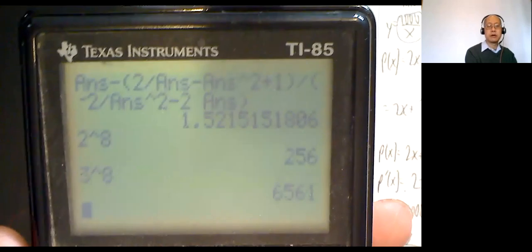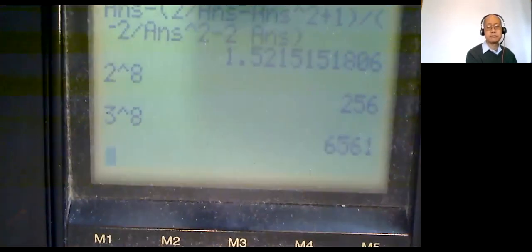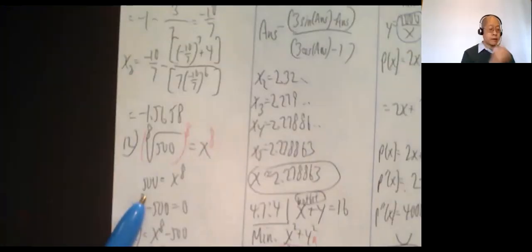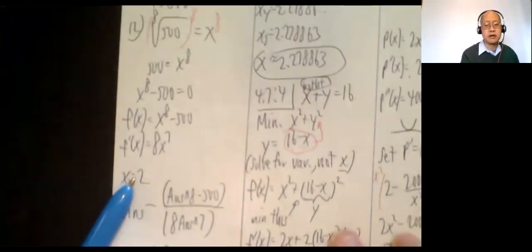Way past it, 6561. Right? Okay, I'm looking for a number to the 8th power giving me 500. 2 gave me 256. 3 gave me 6561. 2 is closer. So how about my first guess is 2? Sort of like an educated guess. Right?